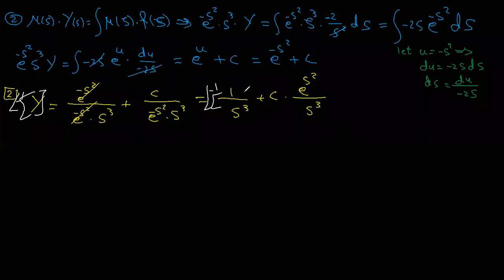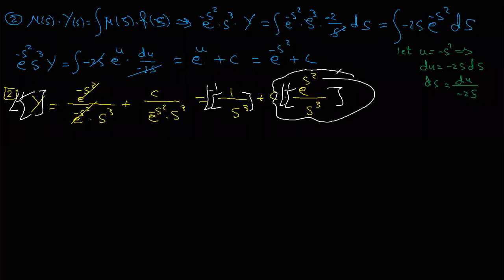I think inverse of this is very easy. All right, and inverse of this. The difficulty of the problem here is how to find the inverse Laplace transform of e to the s squared over s cubed. For me, it's the first time to see an inverse similar to this. Always I have e to the s or e to the t, not s squared. I didn't deal with s squared at all.